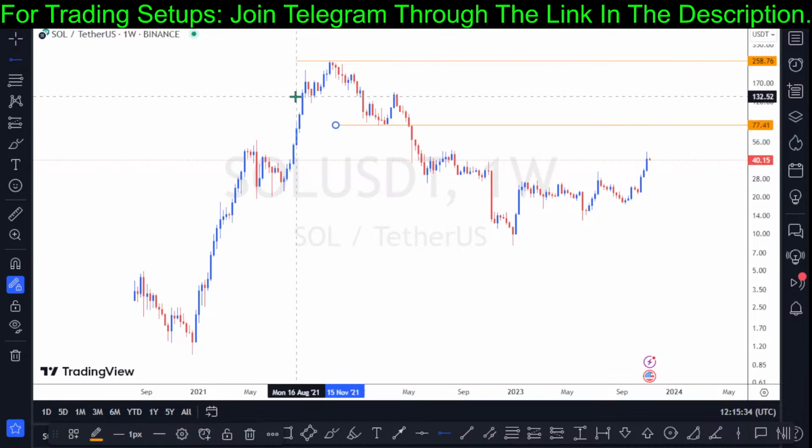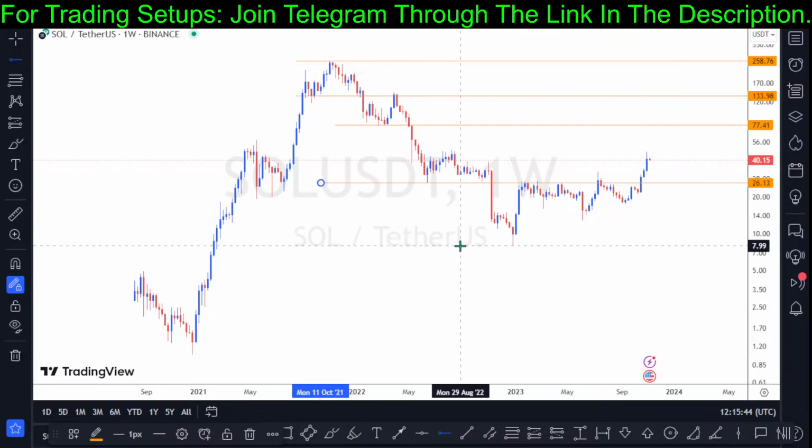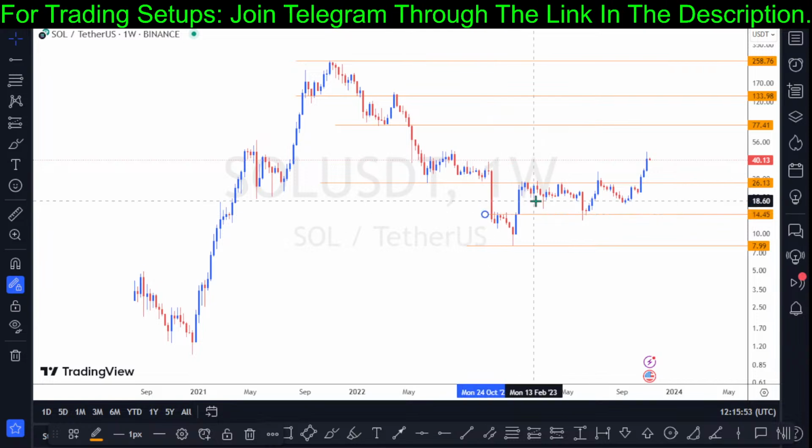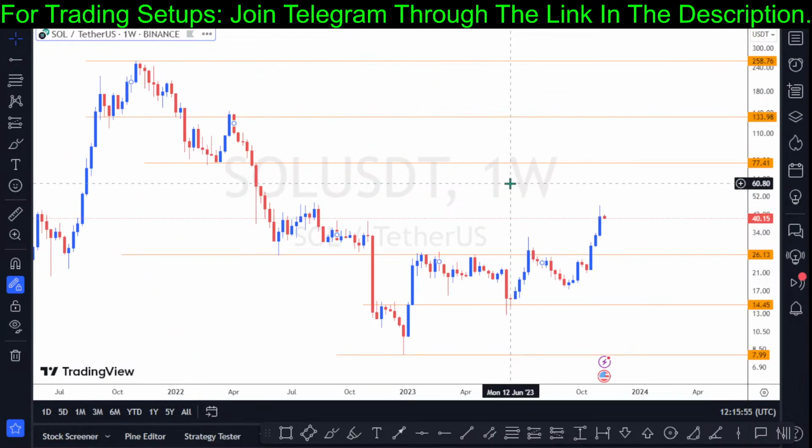I construct it based on this structure right here, and I have a support structure all the way to this level right here. I take the current market structure, and then we have a potential support right here. You have a level right here as well, which could act as a support. So this is how I construct my key level right here.